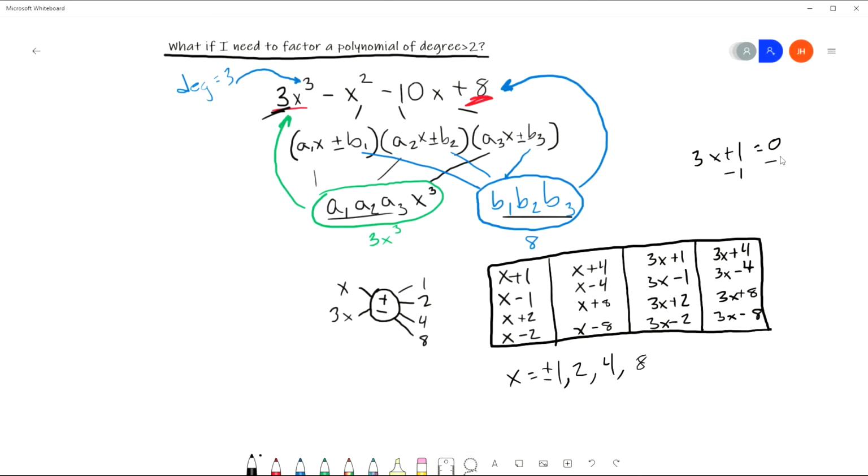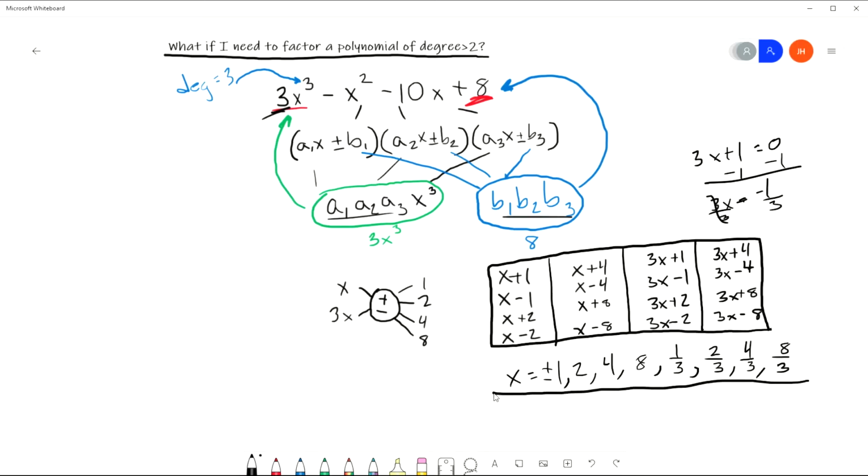You subtract 1 from both sides and divide by 3, so you get x equals -1/3. So plus or minus 1/3. If I have 3x plus 2, then the root is 2/3. 3x plus 4, it's 4/3. And 3x plus 8, 8/3.